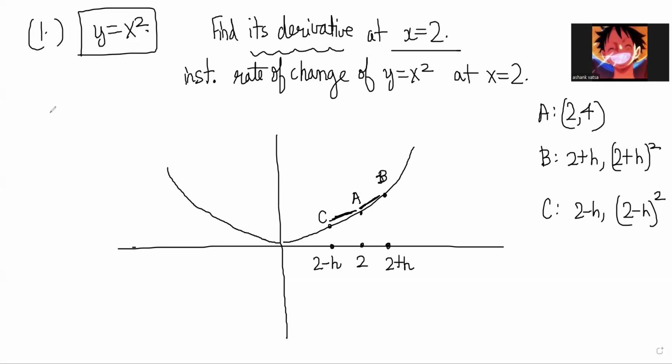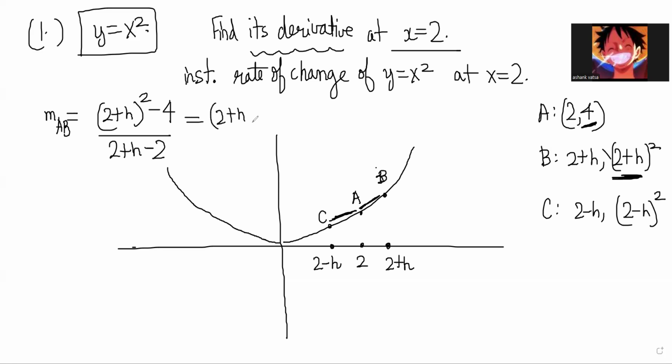So let's find slope of AB first. Slope of AB would be y2 minus y1 by x2 minus x1, right? So y2 for AB is this, y1 is this, right? So it will be 2 plus h whole square minus 4 by x2 minus x1, which will be 2 plus h minus 2, right? So this will be 2 plus h whole square minus 4 divided by h.